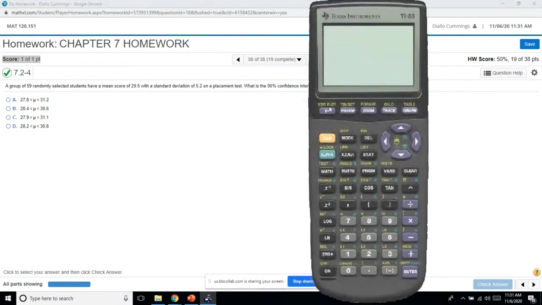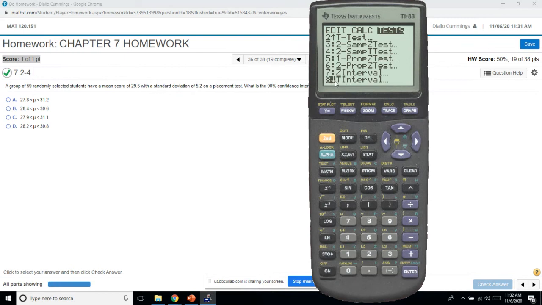So I'll use the calculator that I have on the computer, and then we'll take a look at the TI-84. So in order to calculate this T interval, I want to go to Stats, and I want to scroll over to Test. So notice I have a Z interval, and we would use a Z interval if the population standard deviation was known or assumed.